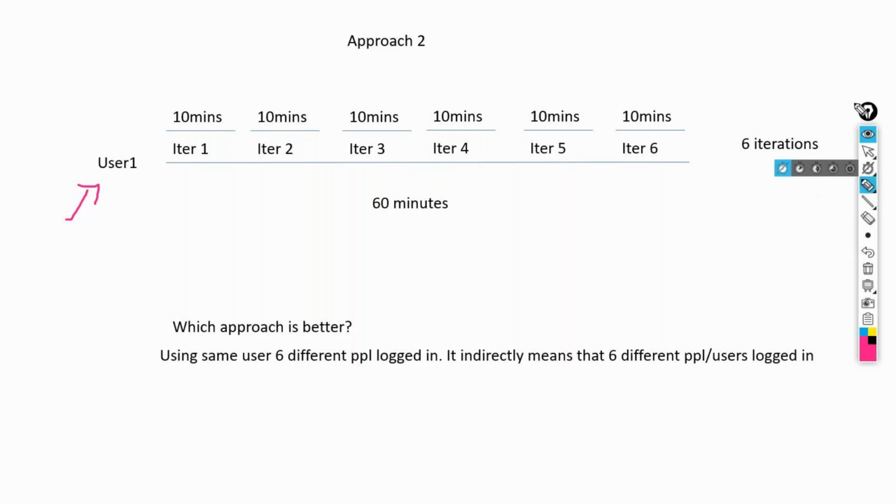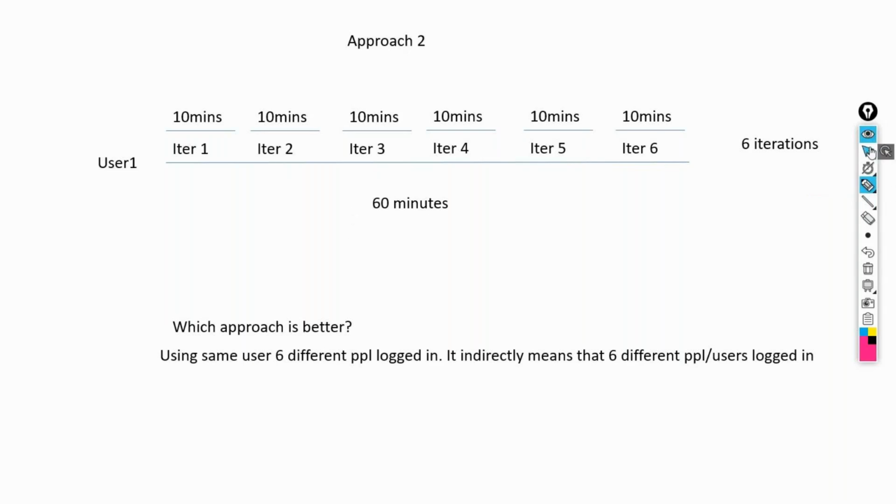This concept is also a little important, and if everyone understood, well and good. If anyone didn't understand, no problem. You will definitely understand in a couple of days or this week. So I hope you understood this concept. So 6 different people logged in indirectly here as well.